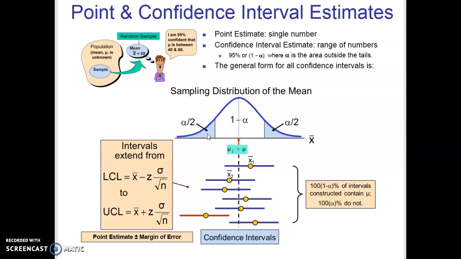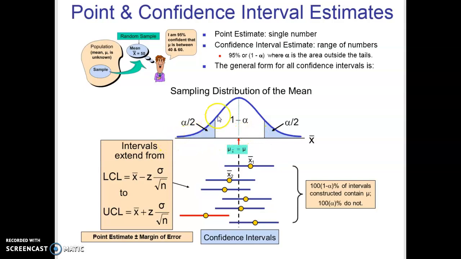That means each tail would have alpha divided by 2. That is, 5% divided by 2 would be 2.5% in this tail, and 2.5% in this tail, again leaving 95% in between.